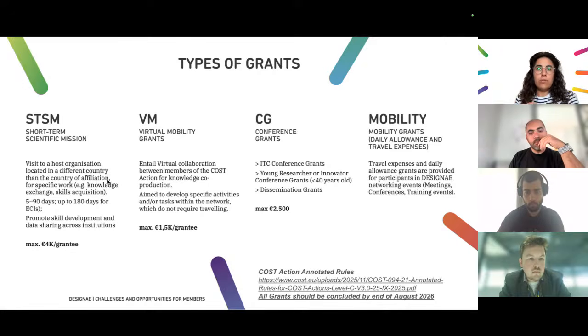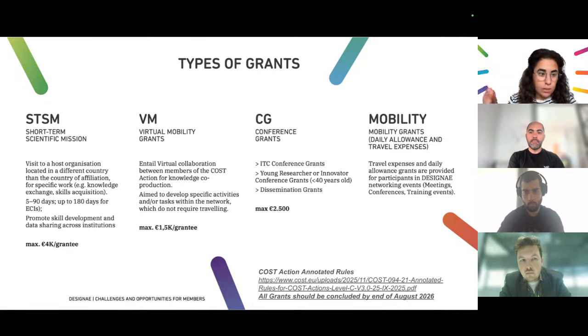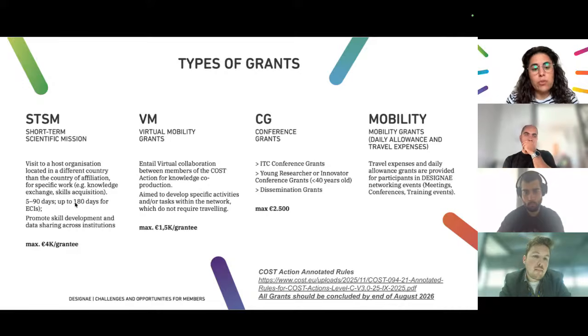So for instance, if you are from the University of Aveiro in Portugal, your proposed short-term scientific mission should be in another country that is not Portugal. Again, this is from 3 to 90 days, and up to 180 days for early career researchers or innovators. This type of grant is to promote skill development and data sharing across institutions. The maximum amount for each grantee is 4,000 euros.